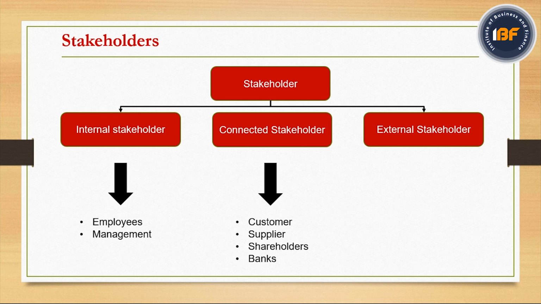Basically, things like customers and suppliers will be part of external, not internal. In internal we have employees and management, in connected we have government and pressure groups, but in external we have customers, suppliers, shareholders, and bank.